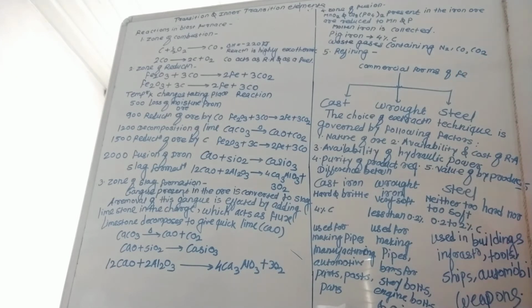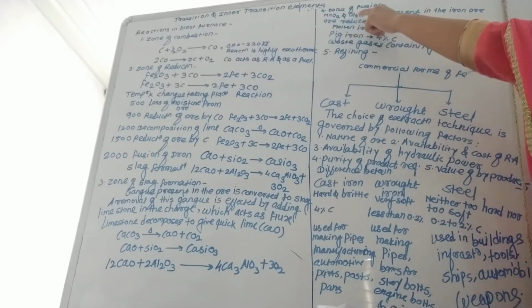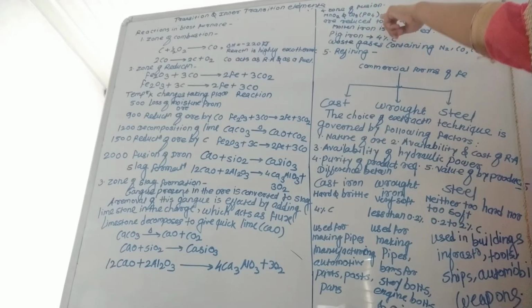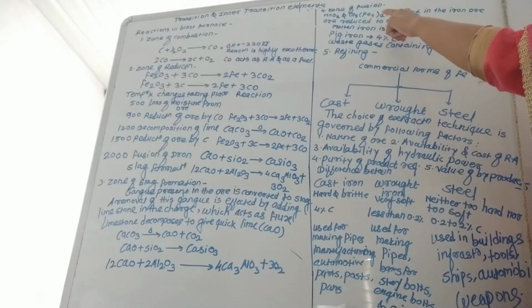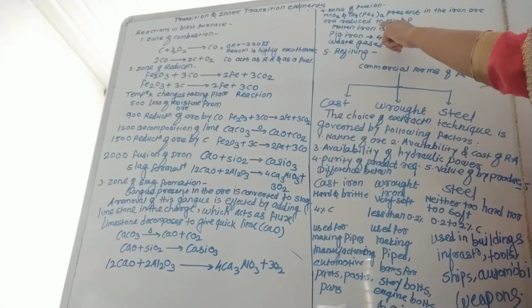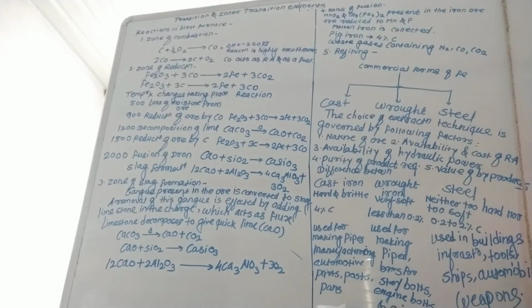Your iron ore contains manganese oxide and Ca3(PO4)2 as impurities, and you can simply reduce them to manganese and phosphorus. Molten iron can then be collected.